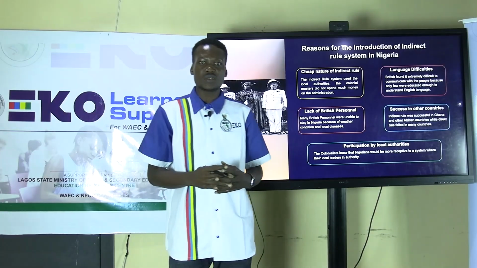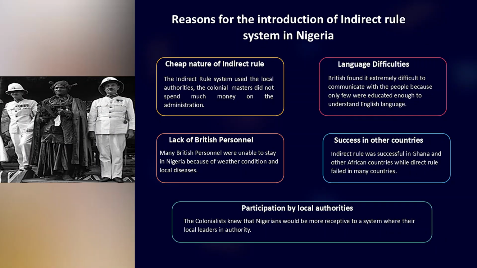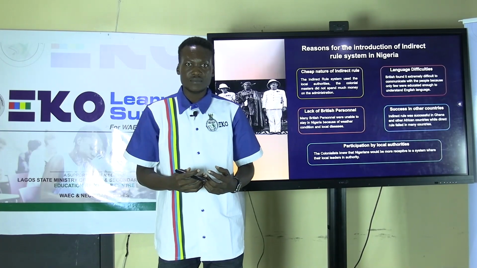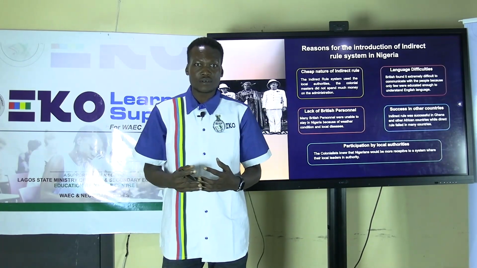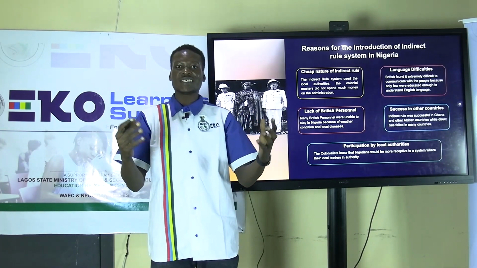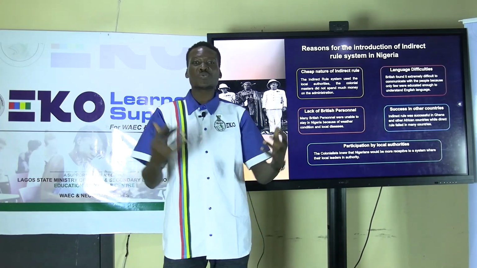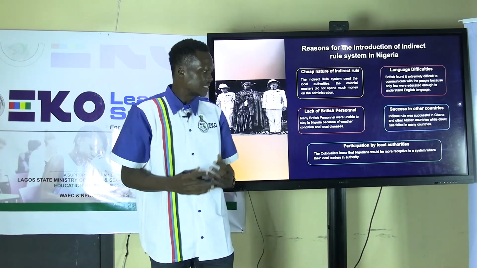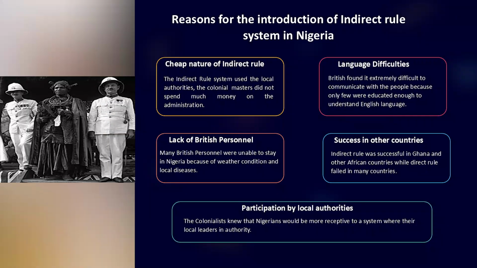Also, success in other countries. The indirect rule system had been used in some other countries like Uganda, Ghana, including India, and it was successful. So, Frederick Lugard thought he should also bring it into the region known as Nigeria. And also, participation by local authority.